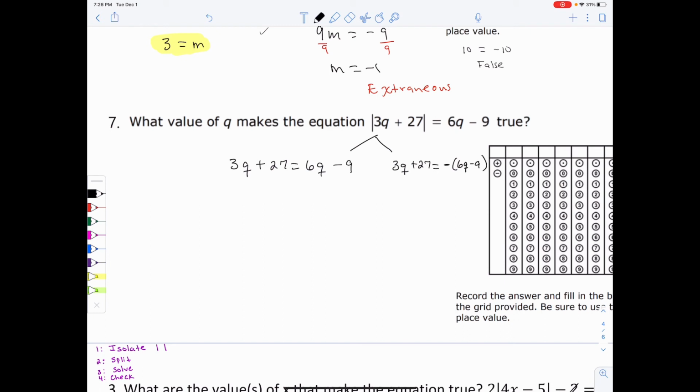All right, so let's solve the one on the left. Move the 3q. So I have 27 equals 3q minus 9. 27 plus 9, that's going to be 36.